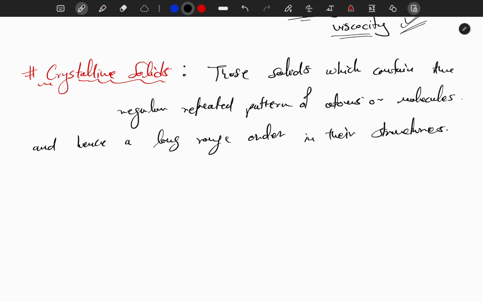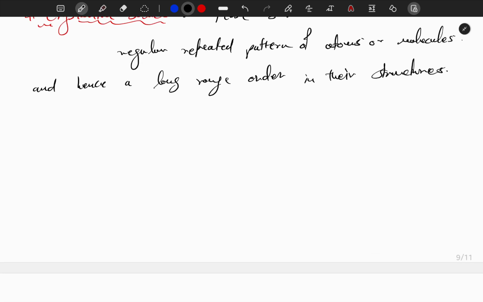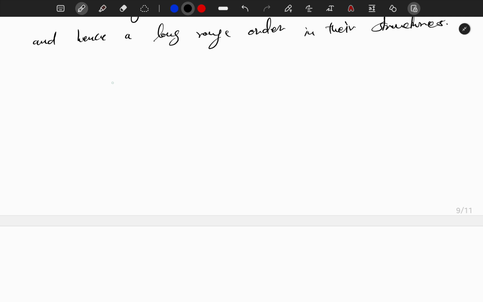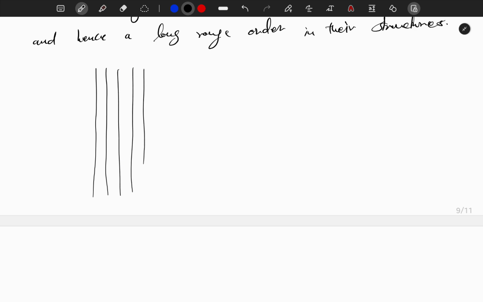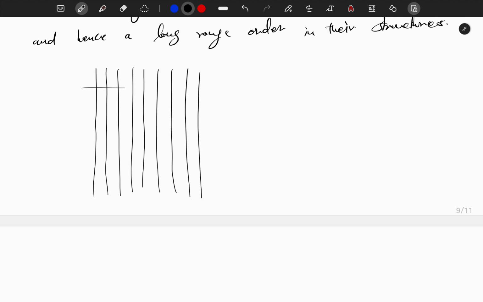So there is a regular arrangement of atoms. They follow a particular geometric arrangement. These atoms are arranged in particular geometric shapes. For example, in 2D, if we consider a square crystal, we can make a square crystal like this.